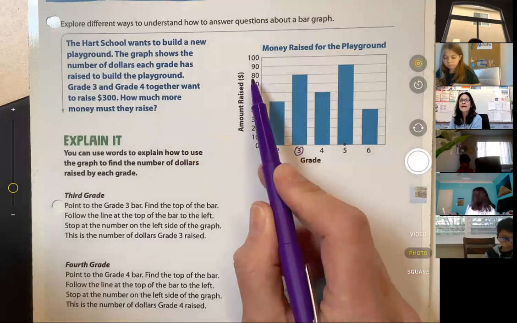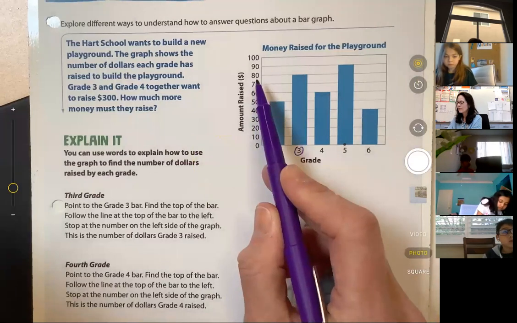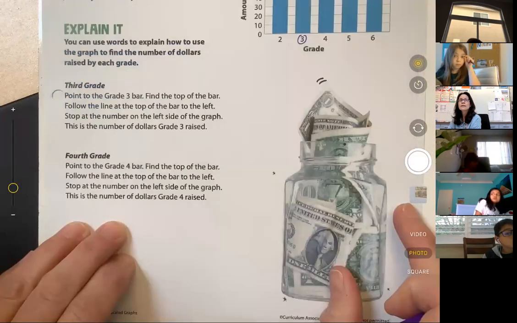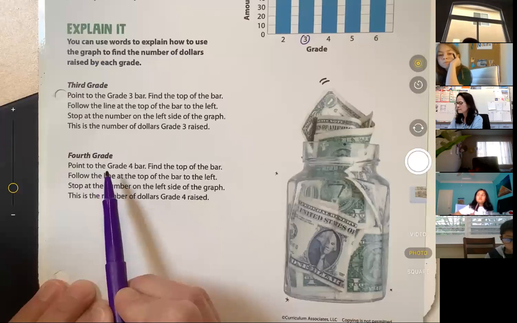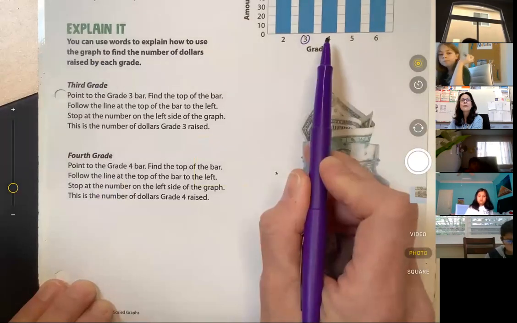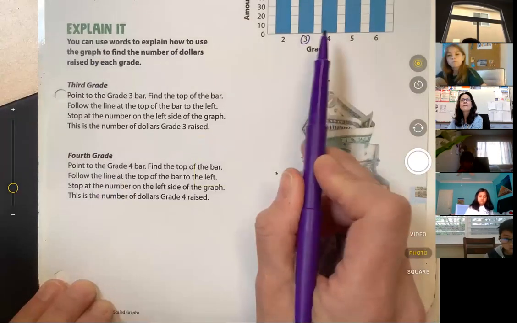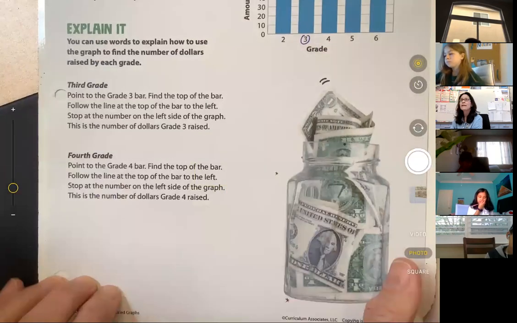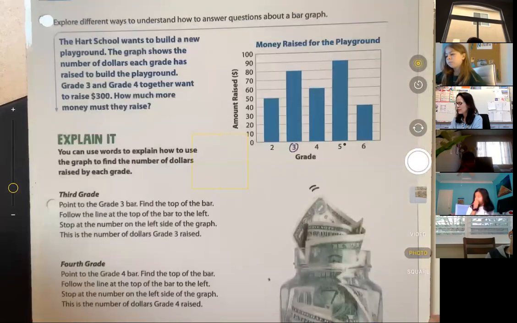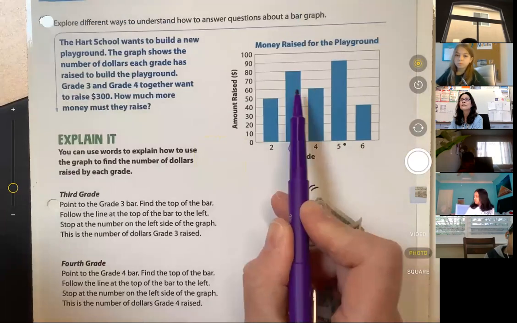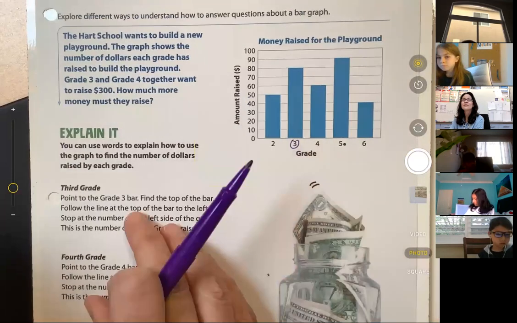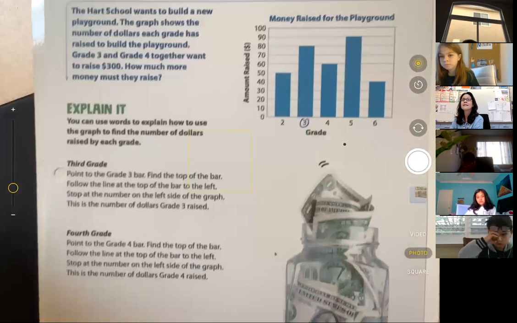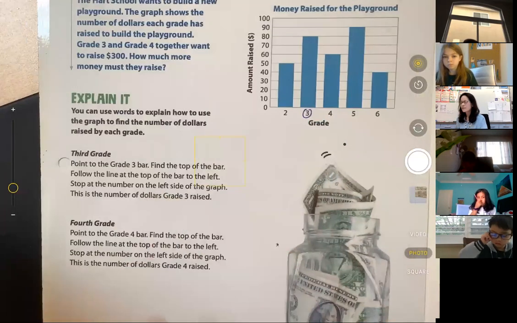It tells us $80. We will do the same for 4th grade. So in 4th grade, we're pointing to the grade 4 bar. Find the top of the bar, follow the line at the top of the bar to the left. Same thing. Top of the bar to the left, $60. These are the words to what we just did, friends. This is the explanation on page 426.